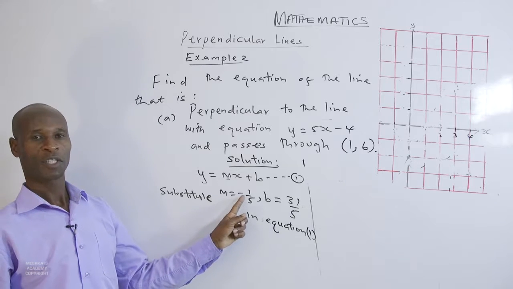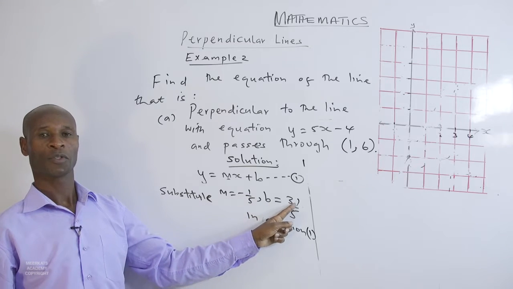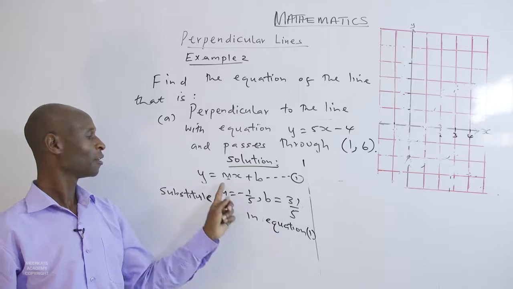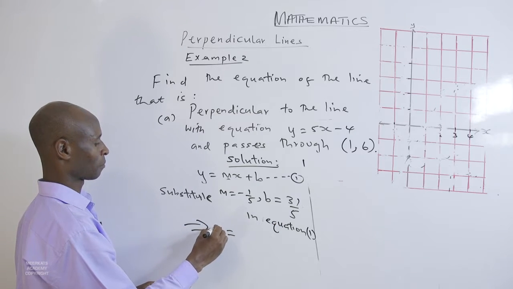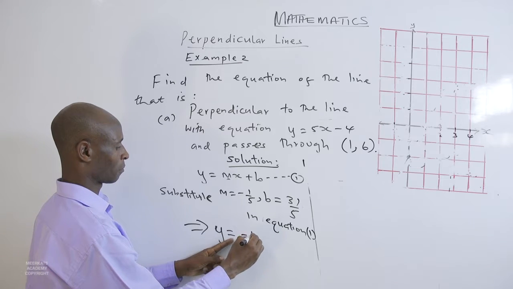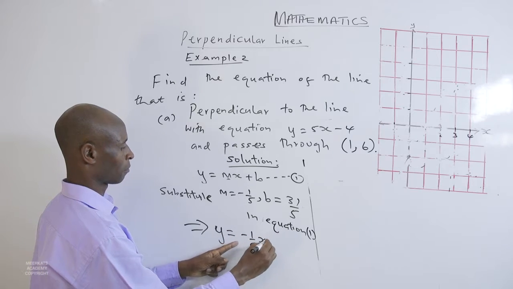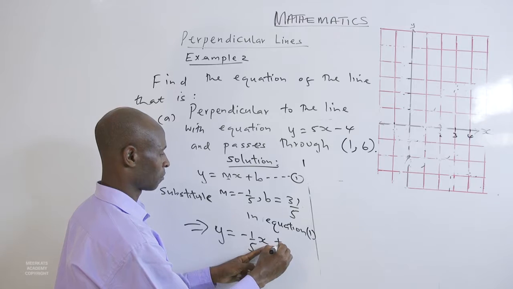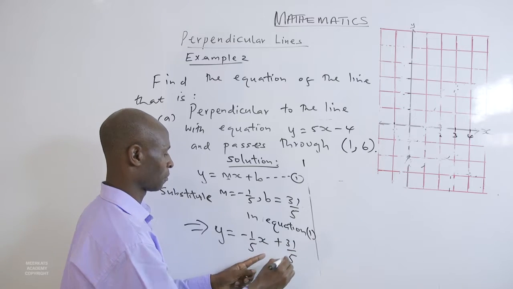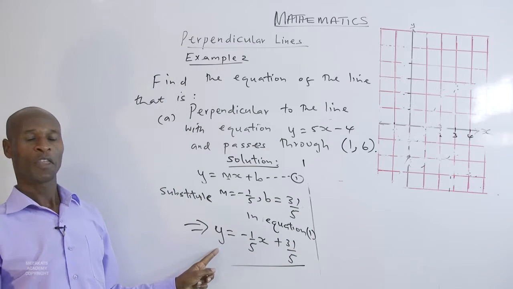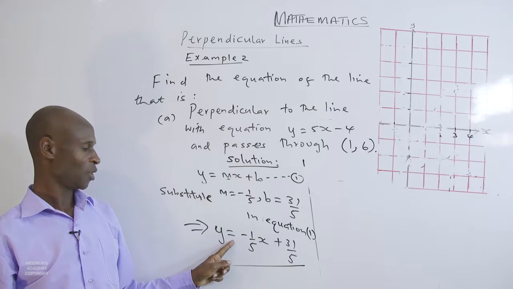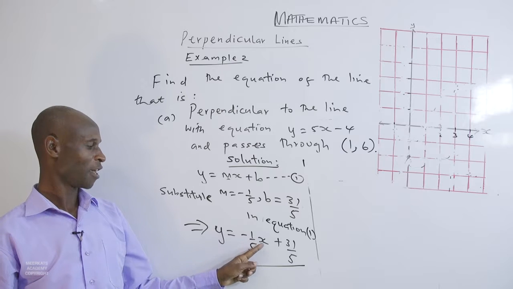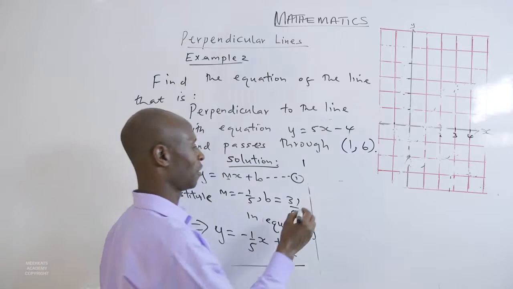So that implies the equation of that perpendicular line is y is equal to -1/5x plus 31/5.